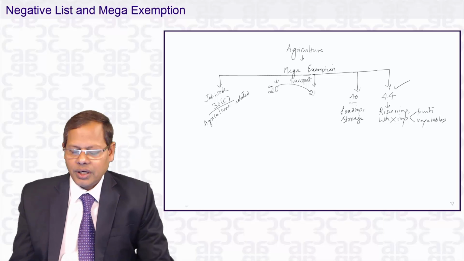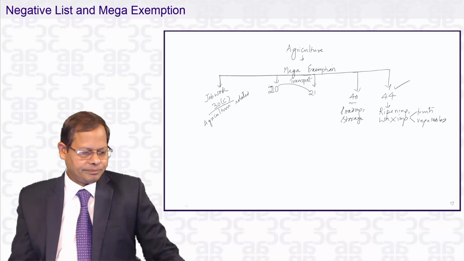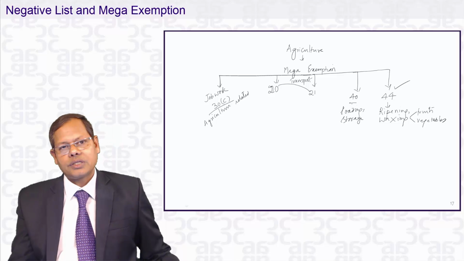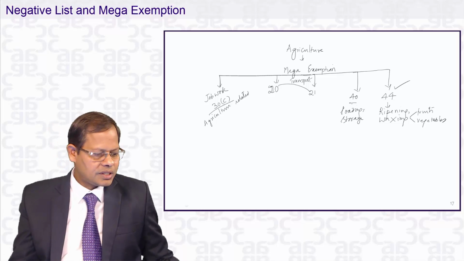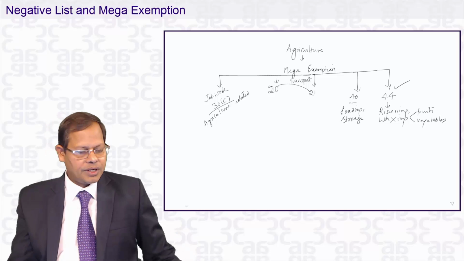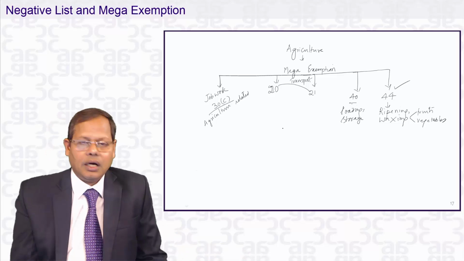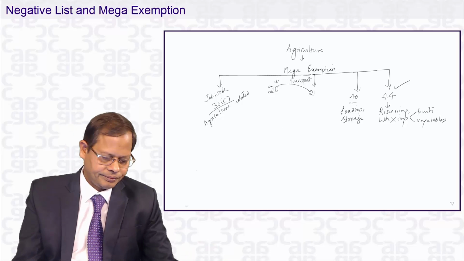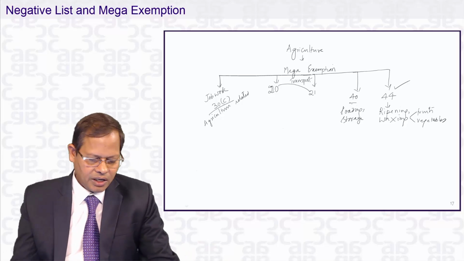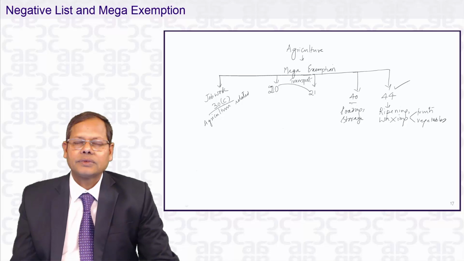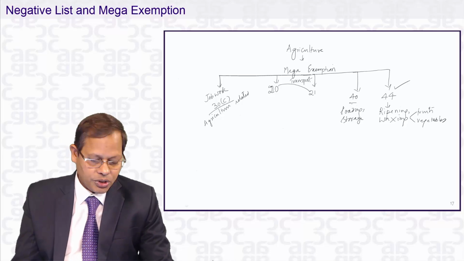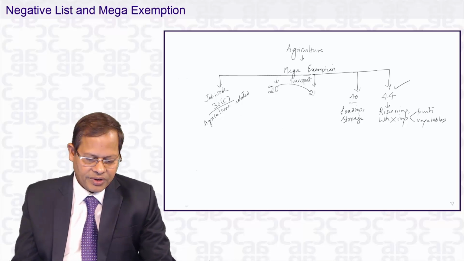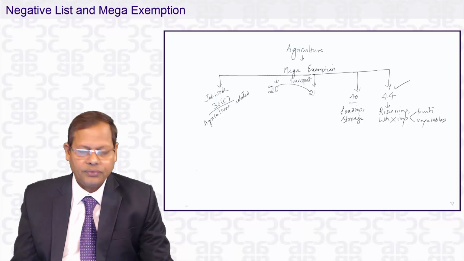What about entry number 20 and 21? So important, very important, because there is a list. Entry number 20, 21. You see, let me read out that. Entry number 20. Services by way of transportation by rail or vessel from one place in India to another of the following goods.